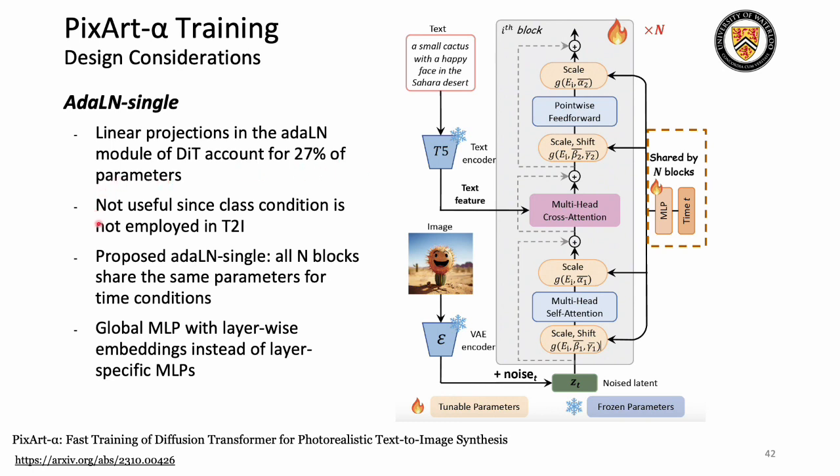And this large number of parameters is not useful since the class condition is not employed in text-to-image generation model. So they proposed the adaptive layer norm single, where all n blocks share the same parameters for time conditions. Global MLP with layer-wise embeddings are used instead of layer-specific MLPs.